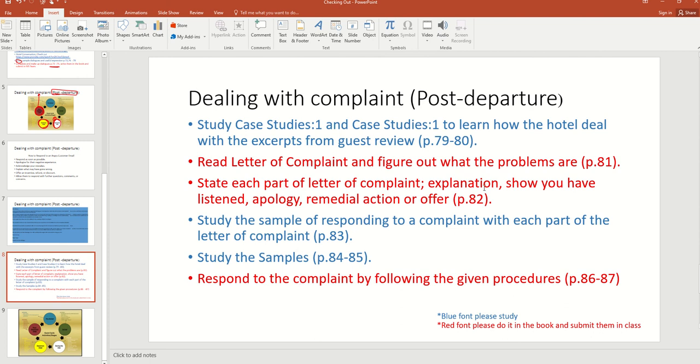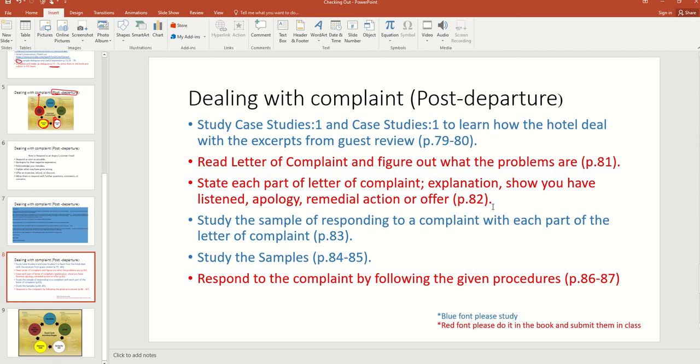This one. The red font is what you have to do. So read the letter of complaint and figure out what the problems are on page 81. Write it. Take a picture. Submit it to Microsoft Teams.